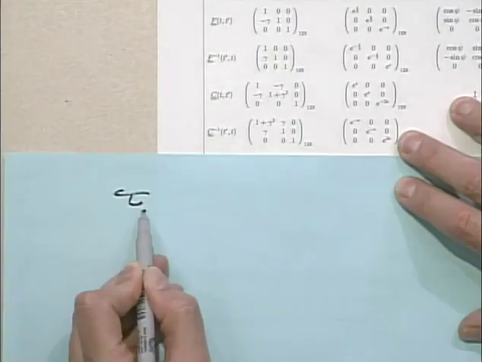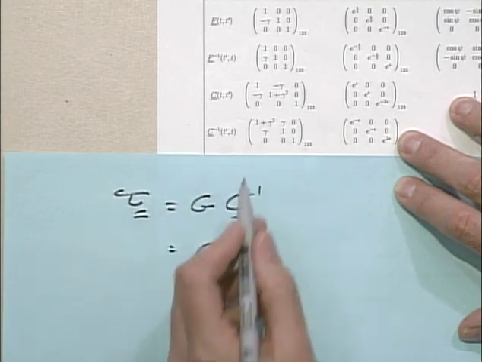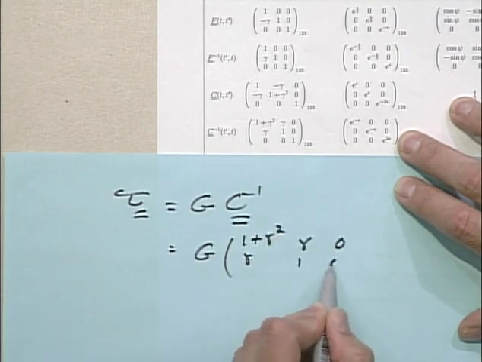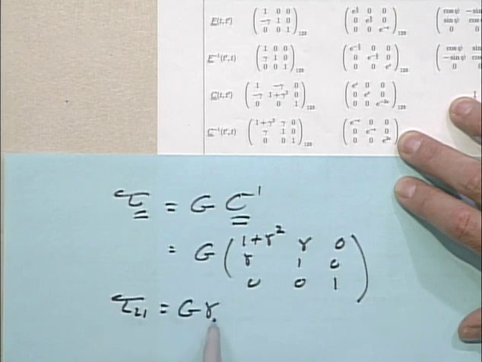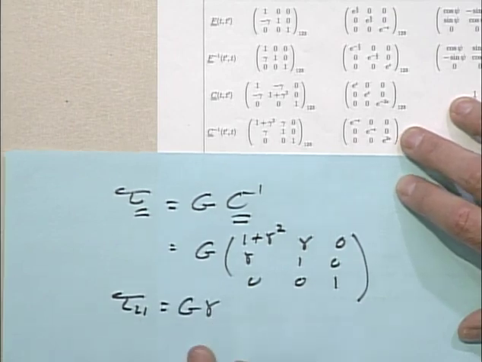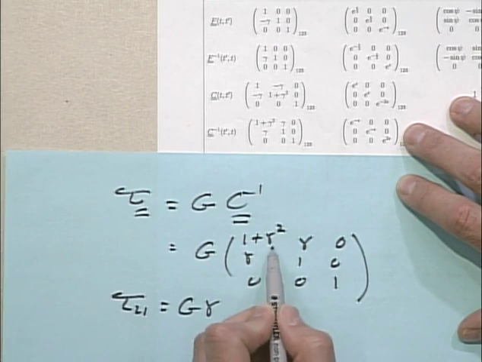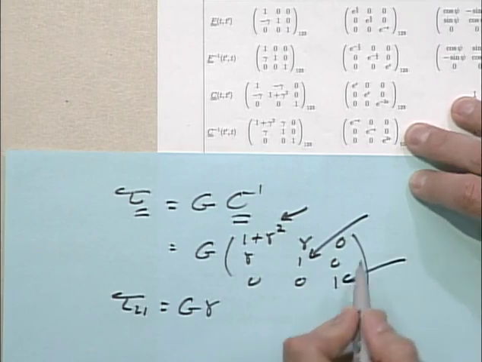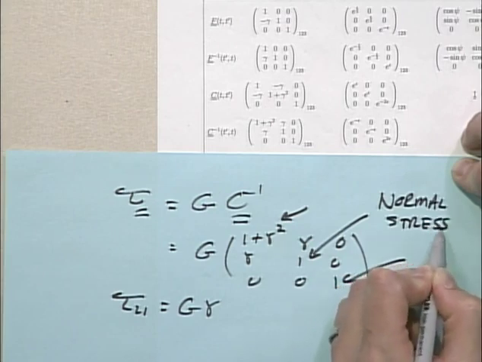So tau equals the modulus times the Finger tensor, so we get G times this entry: 1 plus gamma squared, gamma, 0; gamma, 1, 0; 0, 0, 1. The shear component, tau 2 1, is just G times strain. Stress is proportional to the 2 1 component of the strain. Perfect, that's what elastic solids do. But look at these ones: tau 1 1, tau 2 2, tau 3 3. Normal stresses in shear.